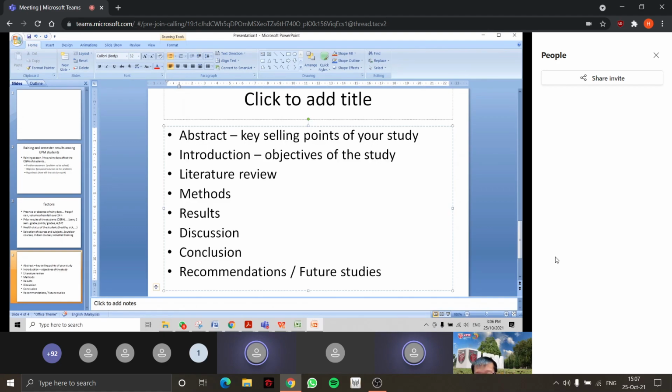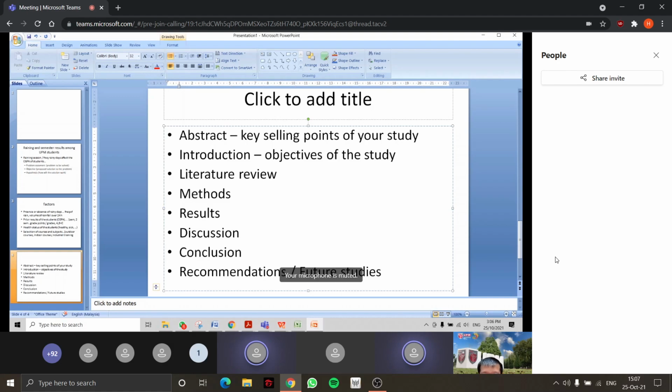And then methods, results, discussion. Discussion will be key findings and commentary on key findings. Discussion is essentially how you want to sell your work.